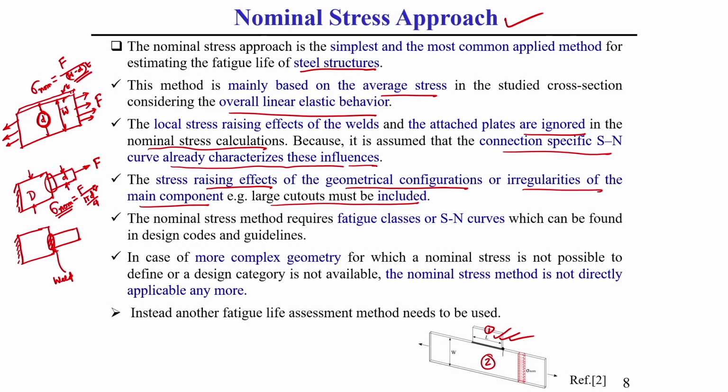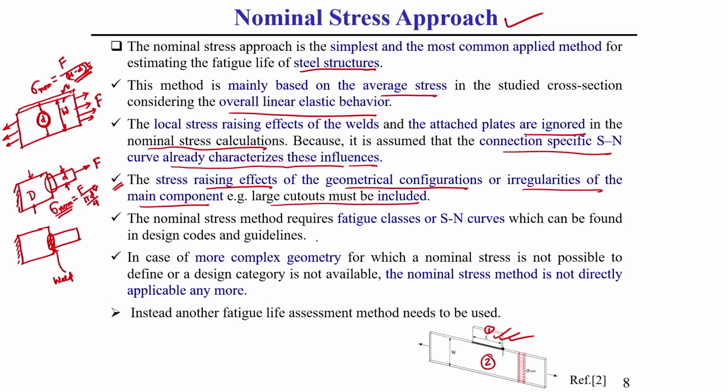The minimum effective dimension due to the cut-off hole is W minus d into T. The stress rising effect of the geometrical configuration or irregularities of the main component should be included for calculating the nominal stress, this you should keep in mind.